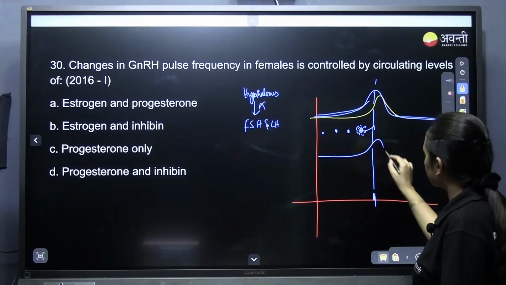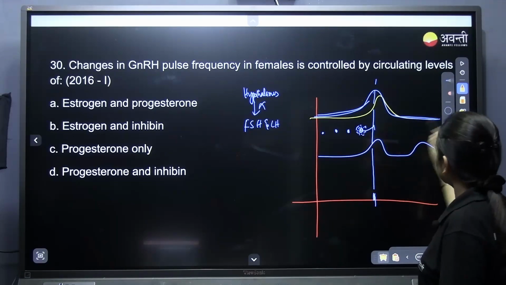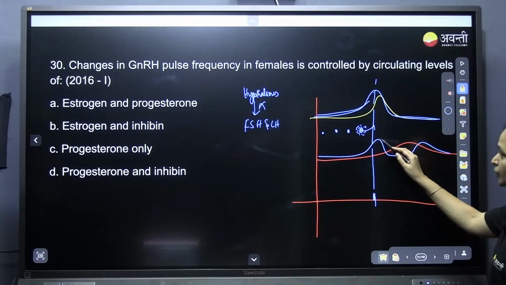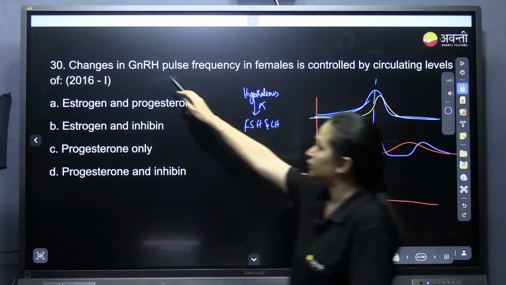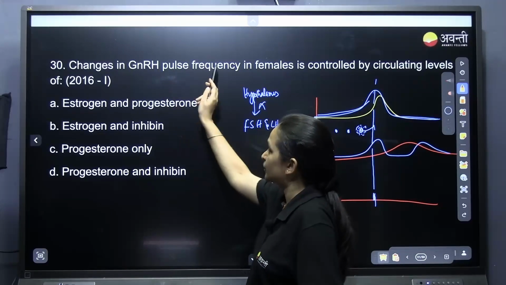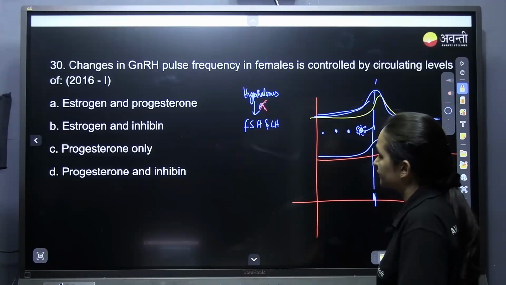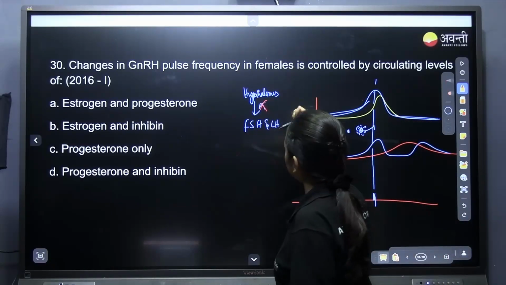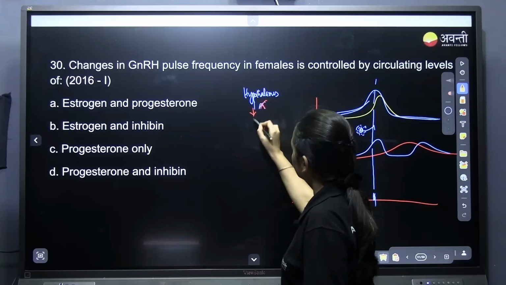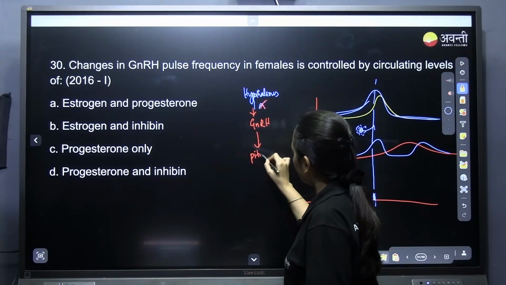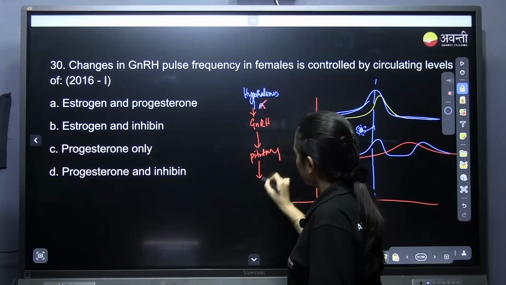Here also estrogen and progesterone give negative feedback to the gonadotropin releasing hormone pulse frequency to stop producing LH and FSH. The hypothalamus produces the gonadotropin releasing hormone, which in turn makes the pituitary release.